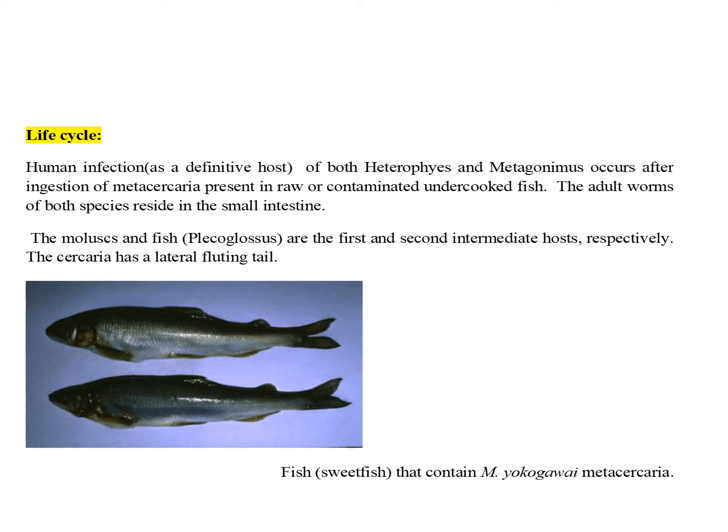The second intermediate host harbors this parasitic pathogen, and after ingestion the infection can occur. The adult worms of both species reside in the small intestine, in our GI. The mollusks and fish are the first and second intermediate hosts, respectively. Now the cercaria has a lateral floating tail.